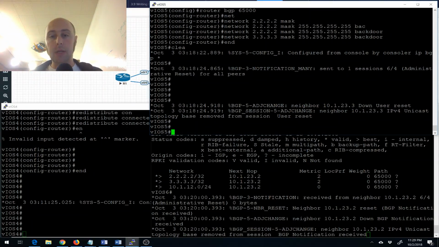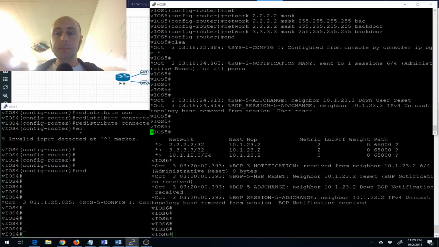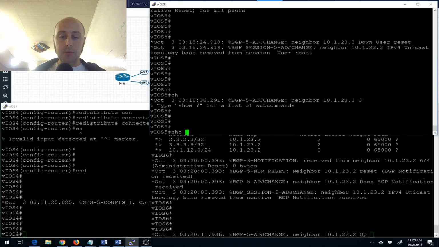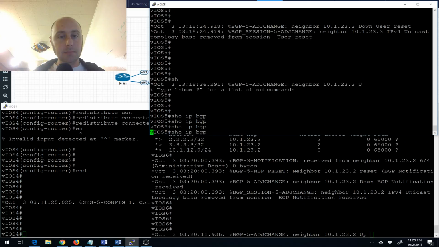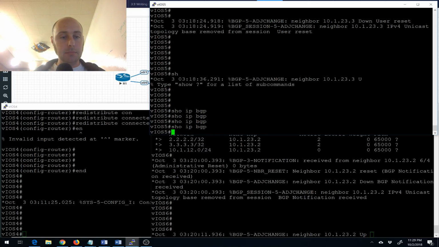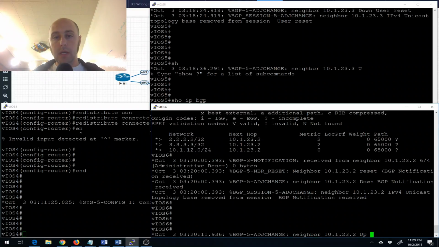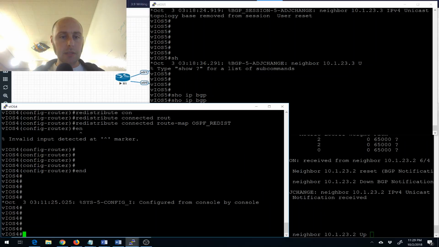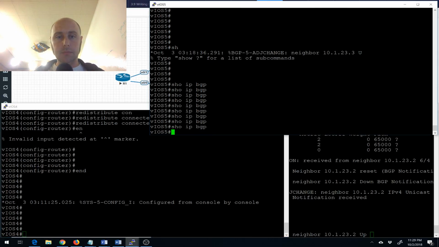It'll just clear out all of the routes on both ends since we just have the two neighbors. All right, neighbor up. So now if we do show IP BGP, now I don't have any of them. And if I don't have them in my local table, and I think I should have the 10 address in here, which is the local internal route. And that's not coming up yet.